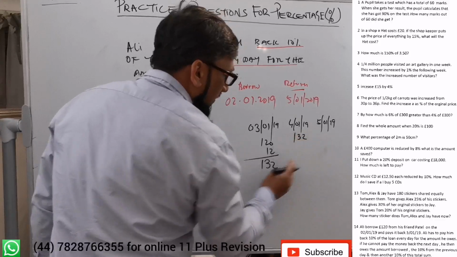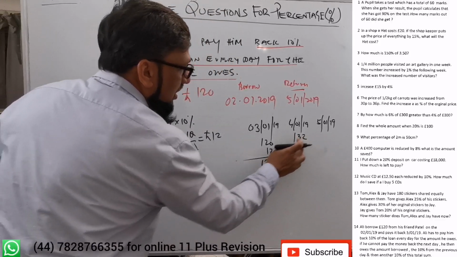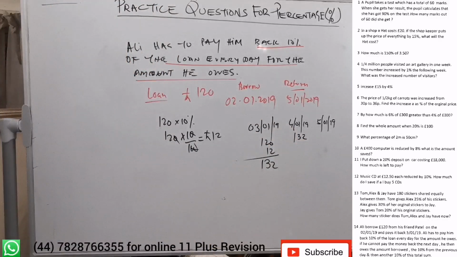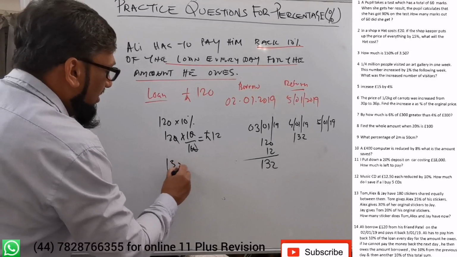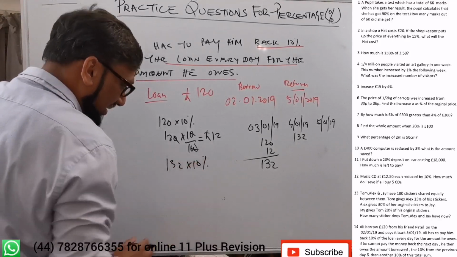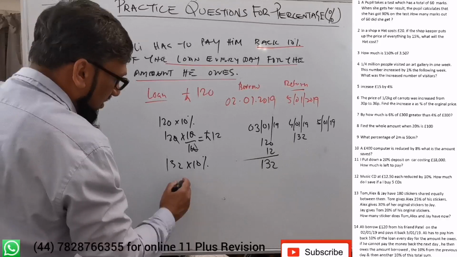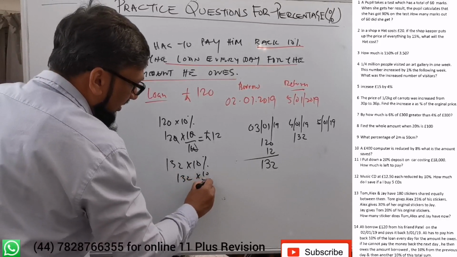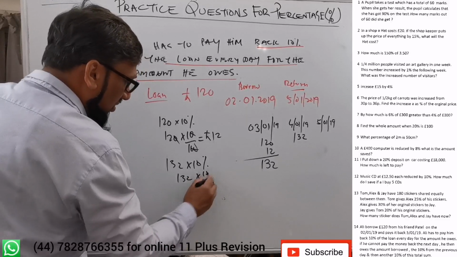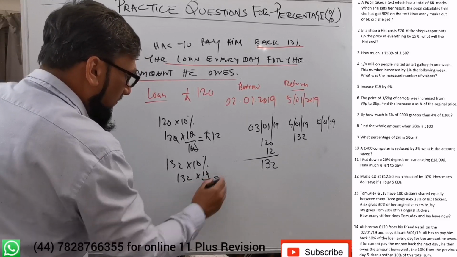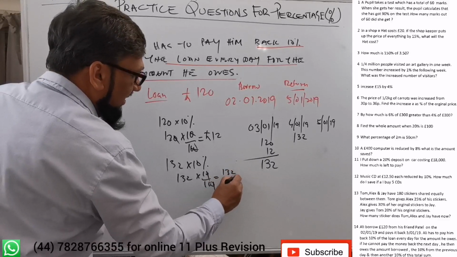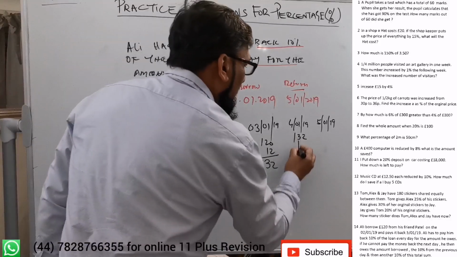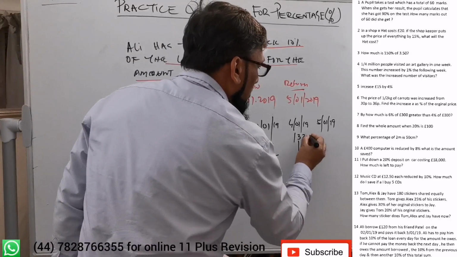on 132, which is carried forward, when the day starts on 4th of January, 132 times 10%, which is 13.2. So 132 times 10 over 100, this 0 cancels with this 0, so it means 132 over 10, which is 13.2. So the interest will be 13.2.